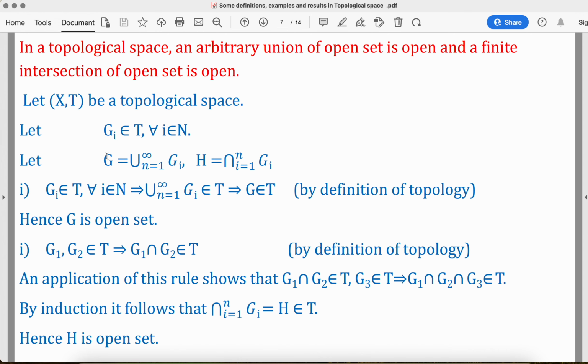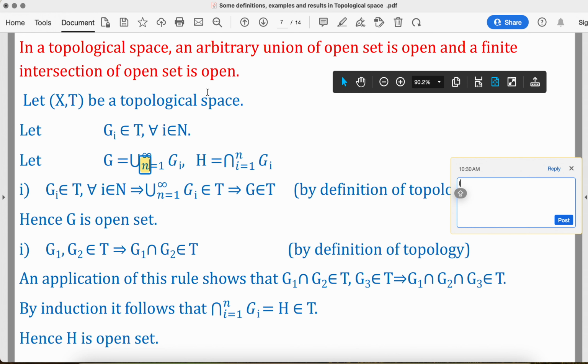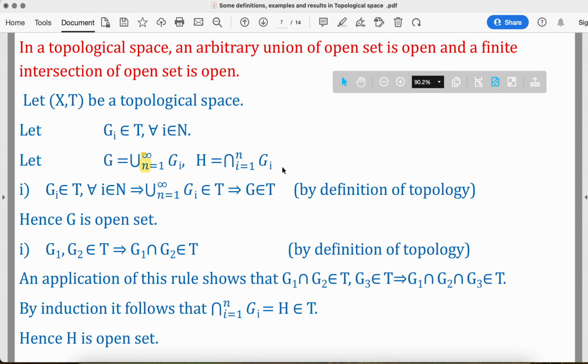Let G be equal to the union of Gi's, where i varies from 1 to infinity, and H equal to the intersection i equal to 1 to n of Gi.